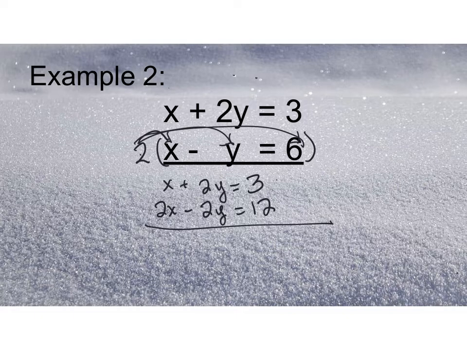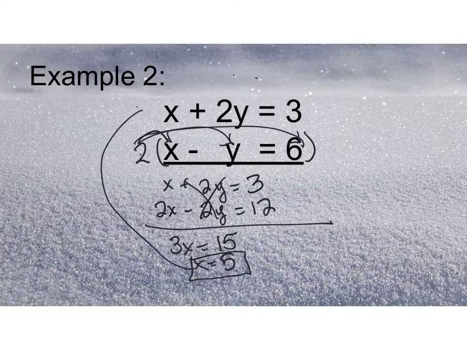X plus 2x becomes 3x. The y's will cancel out this time, equals, and then we're going to have 3 plus 12 is going to equal 15, and our x is still 5. So that's our first part. Now we are going to plug in 5, and let's plug it into the top one, just a little something different.